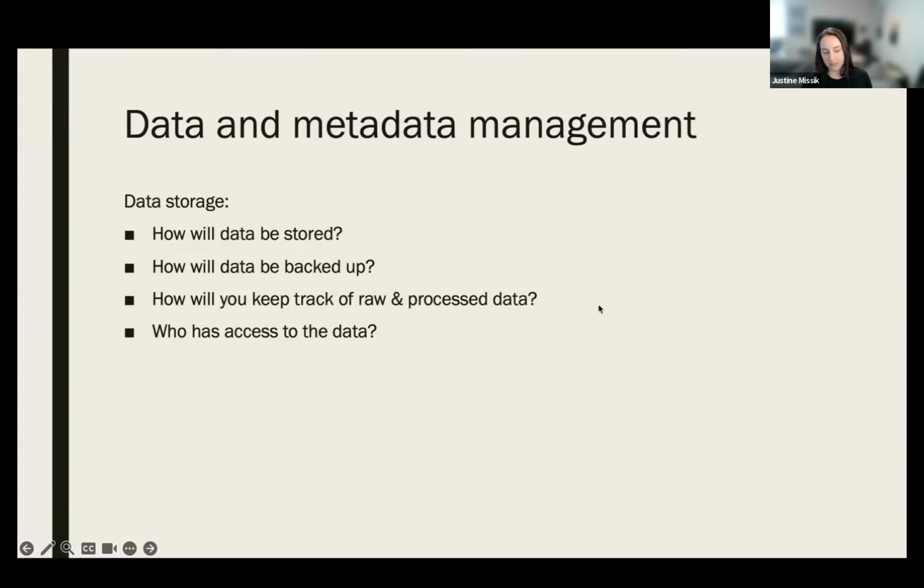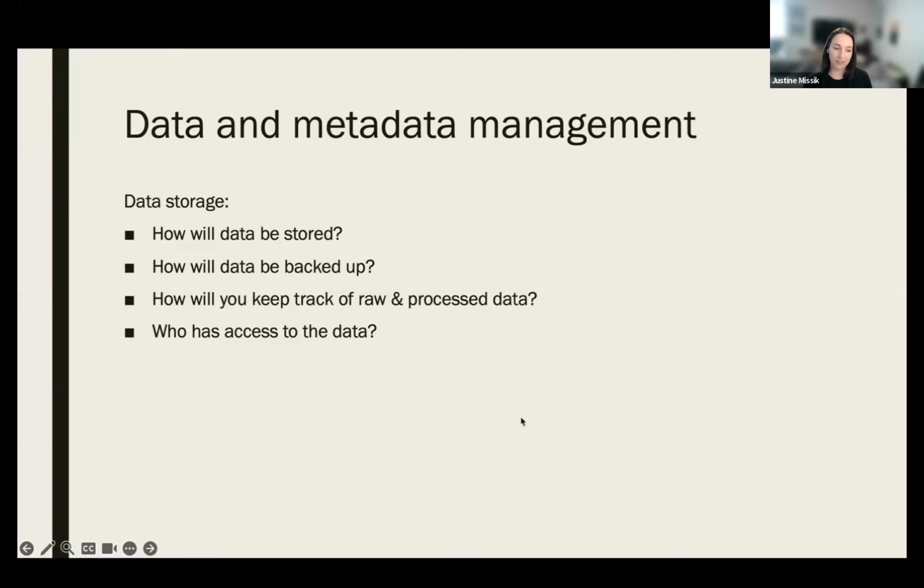In my opinion, it's very wise to always keep a copy of your raw data that has not been touched in any way, in case you need to go back and redo some processing or things like that.